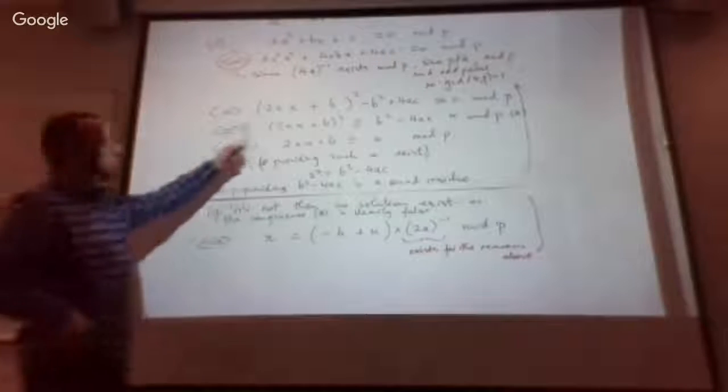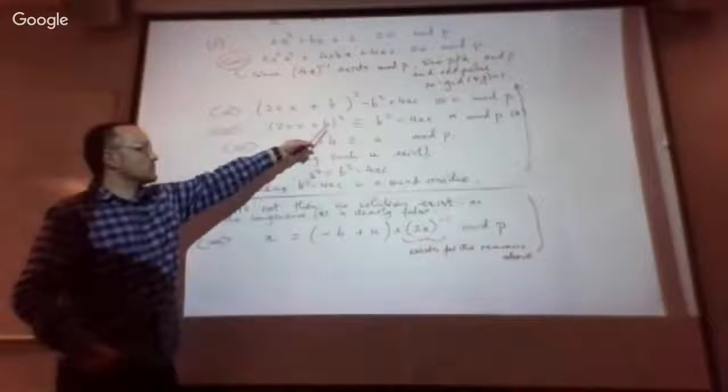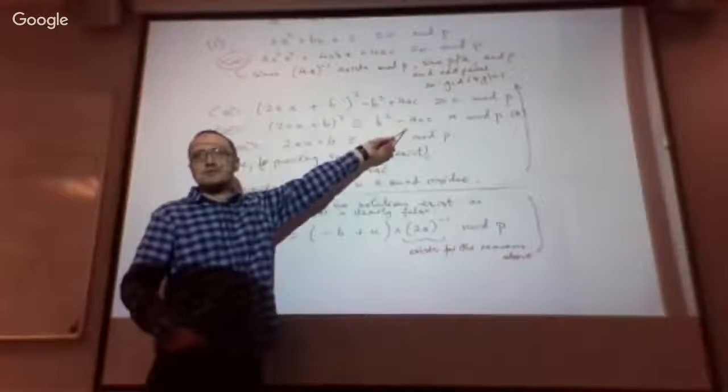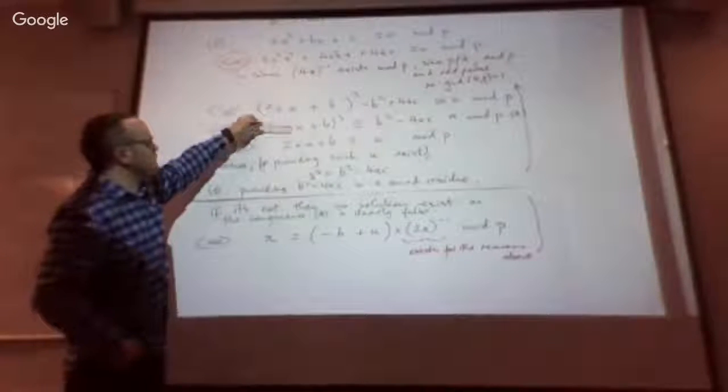Star is this congruence. b squared minus 4ac is not a quadratic residue. This is patently false because you can't square something to get something which is not a quadratic residue. So if this congruence is false, it's equivalent to the first one. So the first one is always false, so there are no solutions.